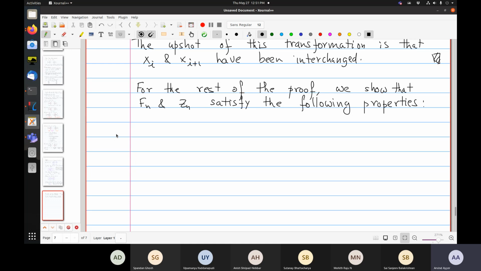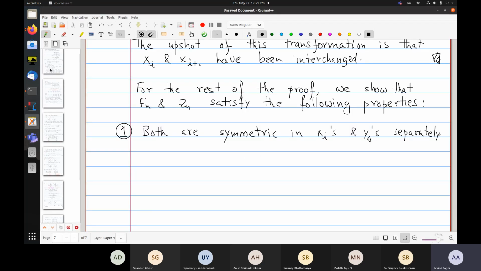So both are symmetric, which we have done, in xi's and yj's separately. For Zn, we showed it for the xi's, and similarly you can show it for the yi's.